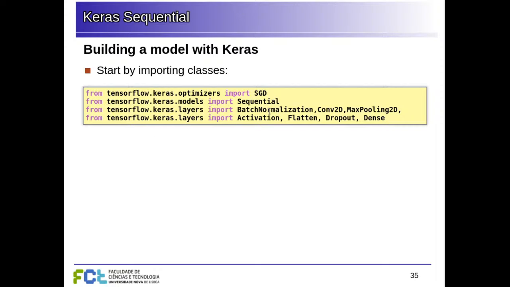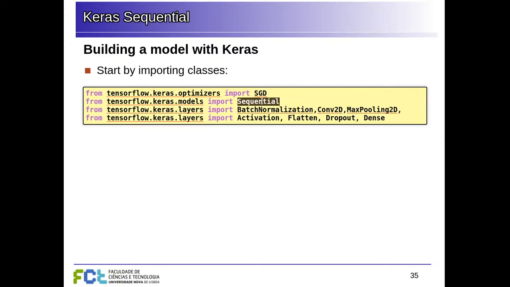So we'll start by importing, for example, an optimizer like stochastic gradient descent. We import the sequential model. This is the one we're going to use. This is a good class for when you just want to add layers in sequence and don't want to build more complex architectures.